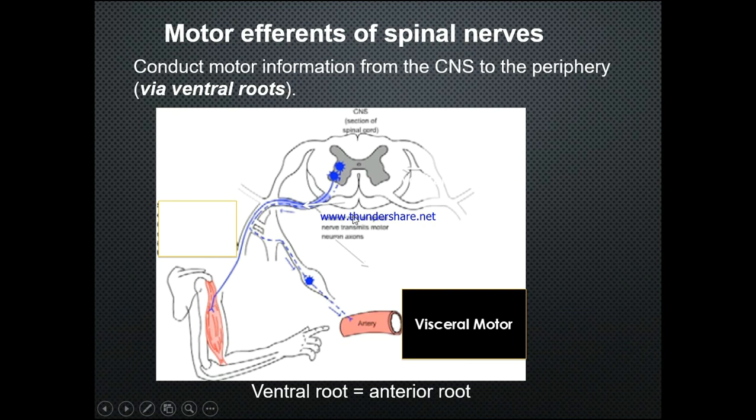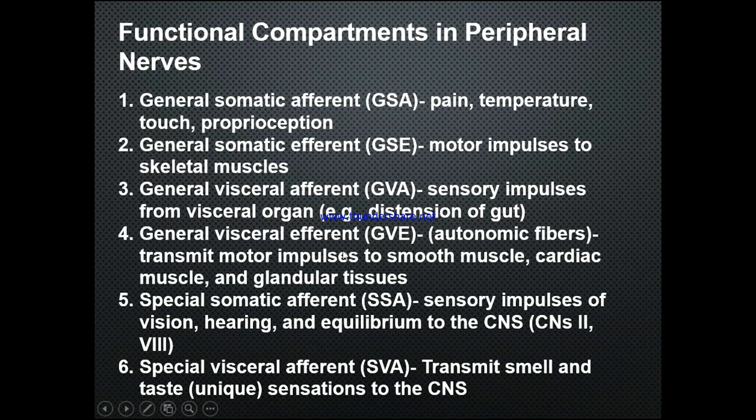In the visceral response, we're going to have a general visceral efferent effect, a motor response upon the viscera. In this case we just have an artery receiving a visceral efferent message and then giving the efferent response, whatever it needs to do, vasodilation, vasoconstriction, all covered under the autonomic.